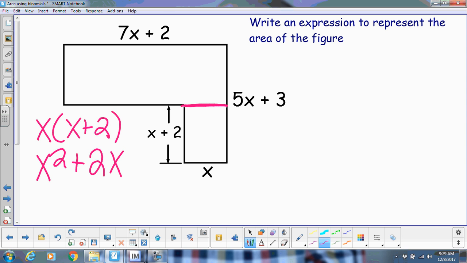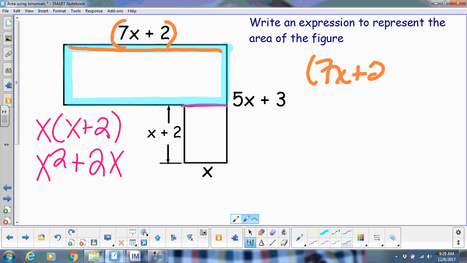All right, now, again, the larger rectangle, which side do I need all of? The 7x plus 2. I need that whole side, right? Okay, so that's where I'm going to start. But on this side, I don't need the whole 5x plus 3.